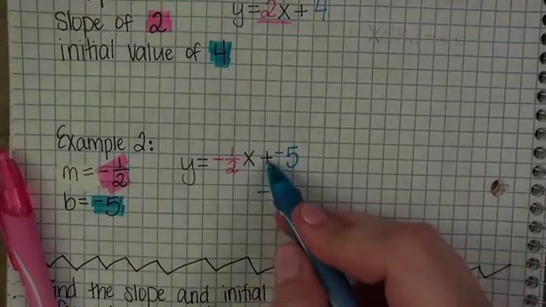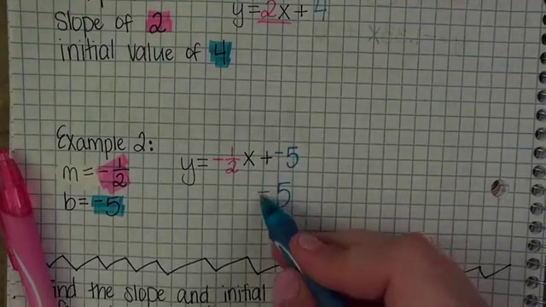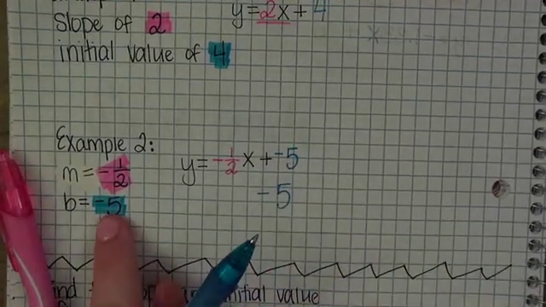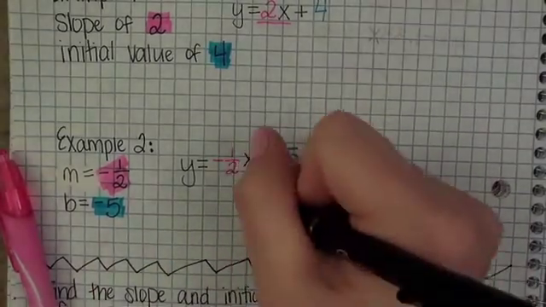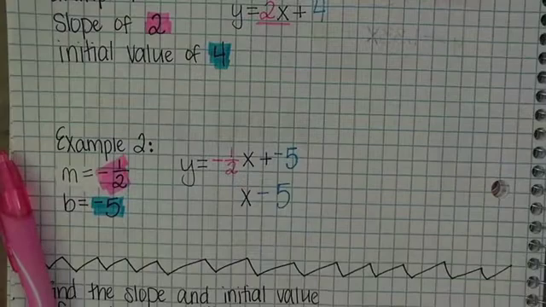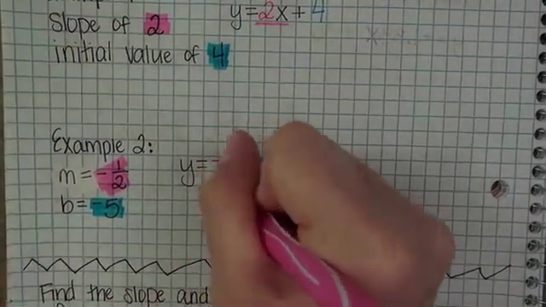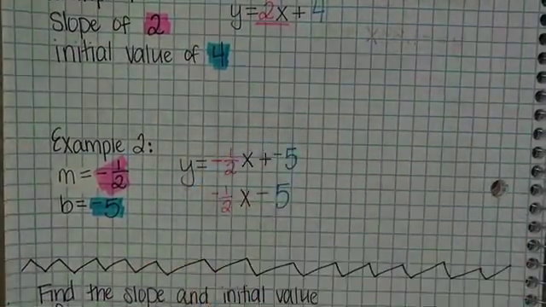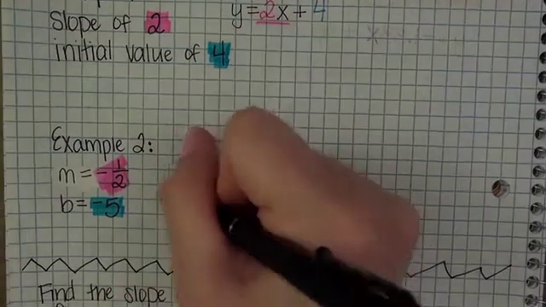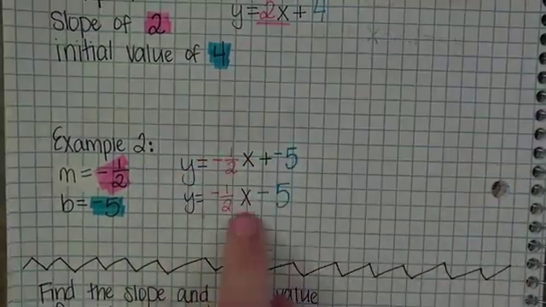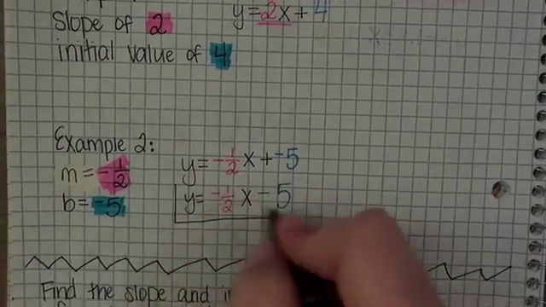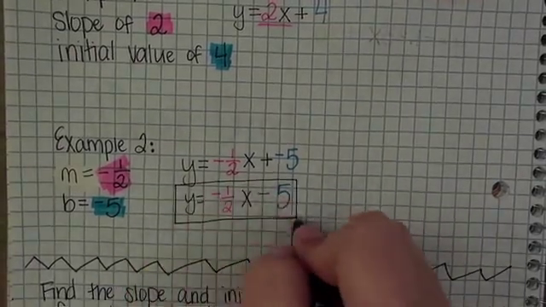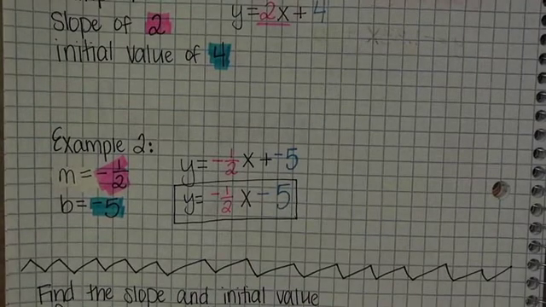So just think of a plus and negative, or -5 means that the b, or the initial value, was a -5. We're not going to actually look at that on the graph yet, but we will in a lesson soon. So then it would be y equals -1/2 x minus 5. That would be what you would see as your final answer.